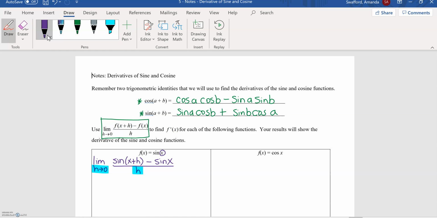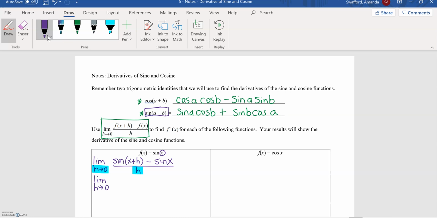So the only way I can rewrite sine of x plus h is to use this identity here. Remember, you can't distribute the sine. That's completely illegal. We're not going to do that. So let's expand it with our identity.